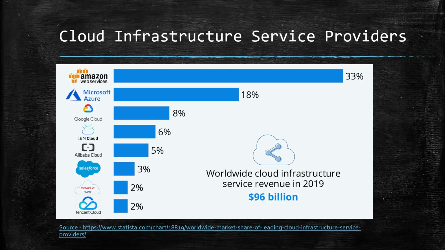On Amazon, we have virtual private cloud. On Microsoft Azure, we have the virtual network, and then we have the machine learning studio and the machine learning designer.